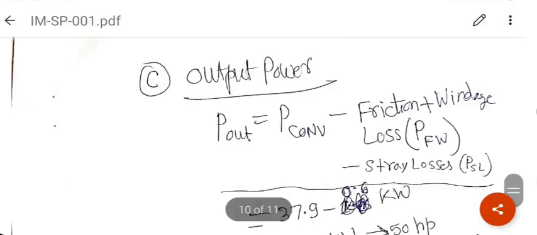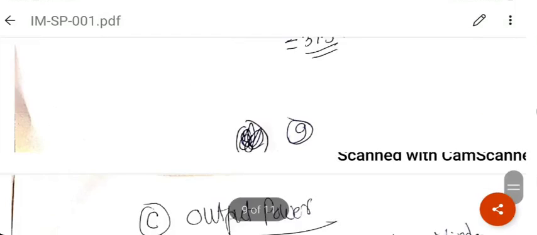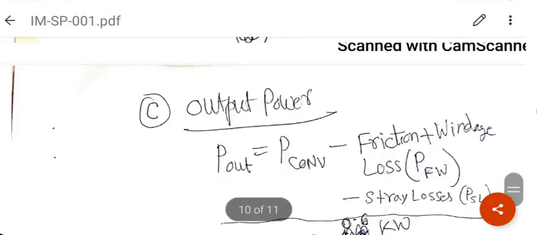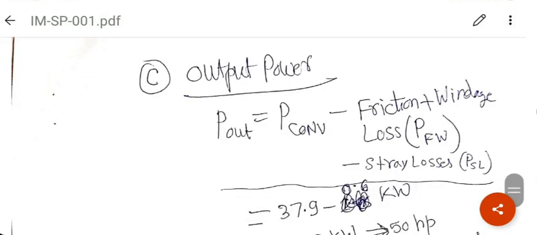Now output power will be this converted power minus all the mechanical losses. Converted power is the electrical power. From there, mechanical losses have to be subtracted to get the actual output power, which means friction, windage, and any stray losses. Fortunately, stray losses are zero in our case, but friction and windage total was given as 0.6 kilowatt.